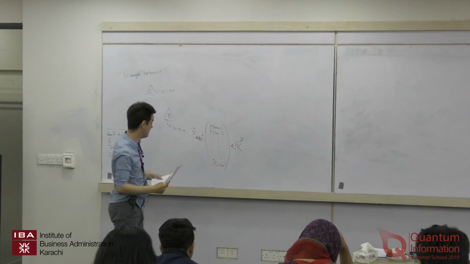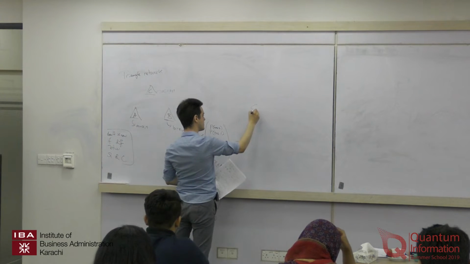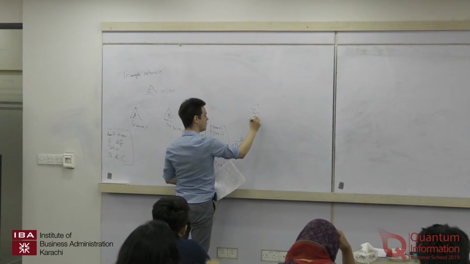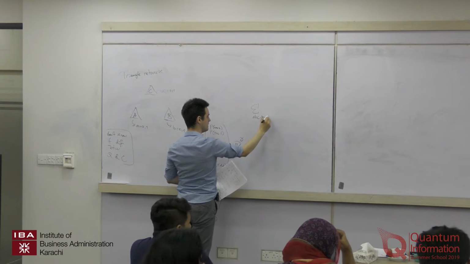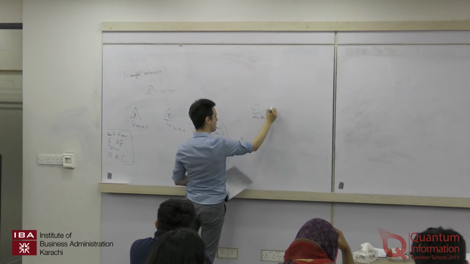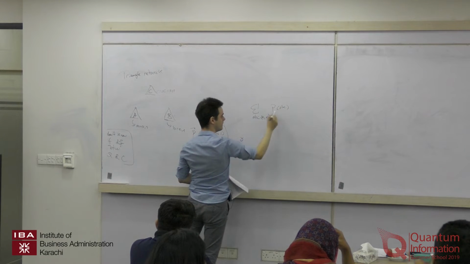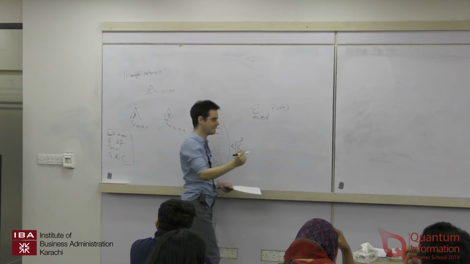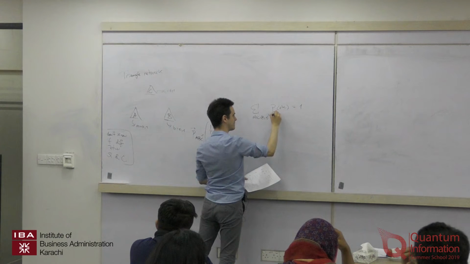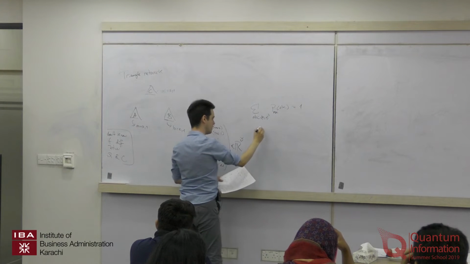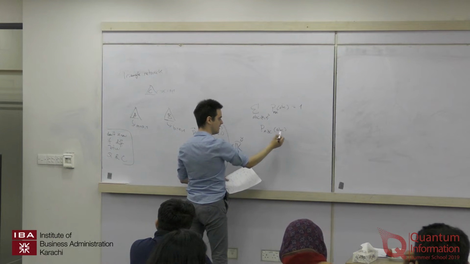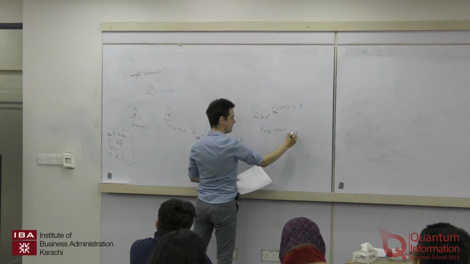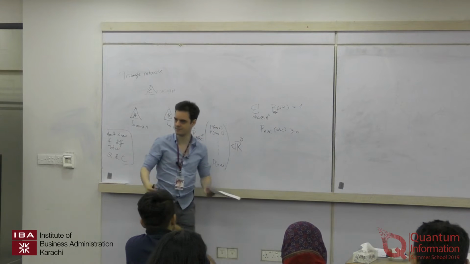In particular, the two main restrictions are that if I sum over all possible events, ABC equal 0, 1 cubed, then of course the probability of something happening is 1. And the other condition is that the probability of some particular ABC can't be negative. I can't have negative probabilities.